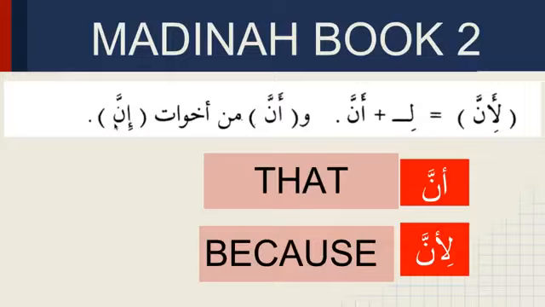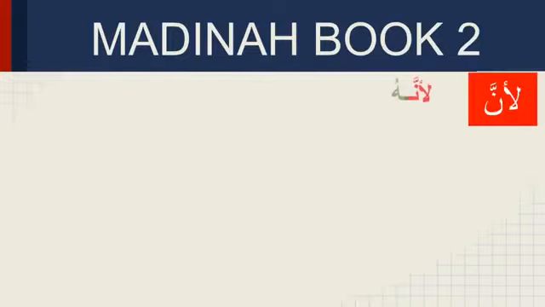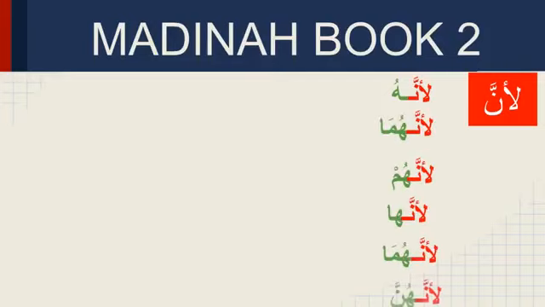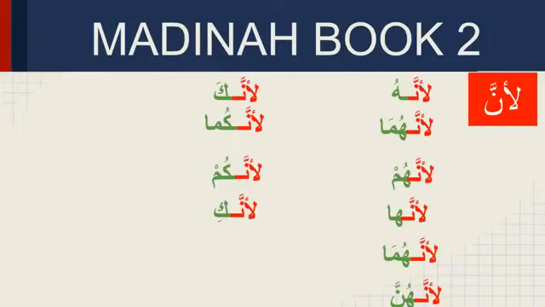So li'anna can also have 14 pronouns. In the way like li'annahu, because he, li'annahuma, because they both, li'annahum, li'annaha, li'annahuma, li'annahunna, li'annaka means because you, li'annakuma, li'annakum because you all, li'annaki feminine, li'annakuma, li'annakunna, li'annani. See, li'annani. So this noon we're going to learn.